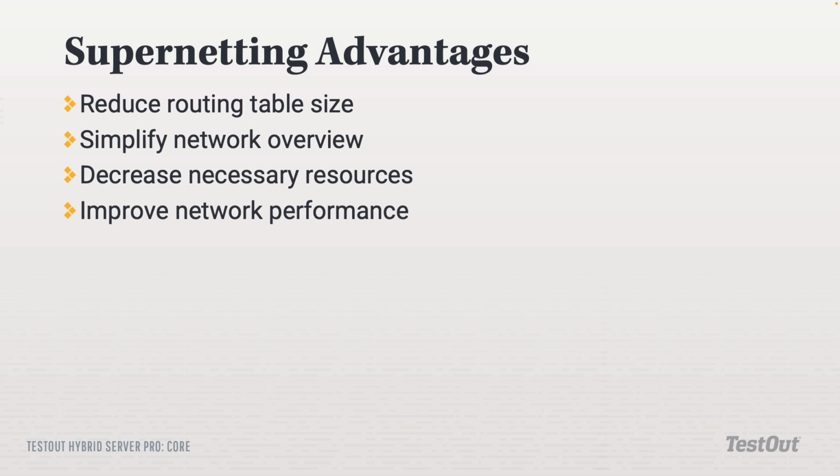Okay, so supernetting. Again, you have that example we were looking at with the VLSM, so we can send all of that traffic for, let's say, North America and then Cleveland, all to one place.